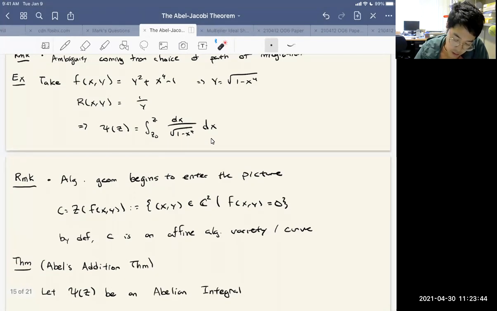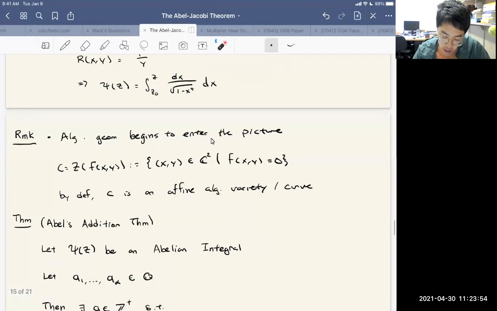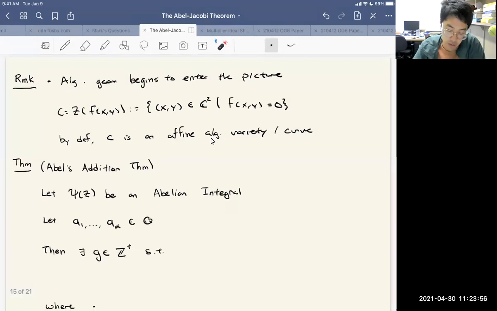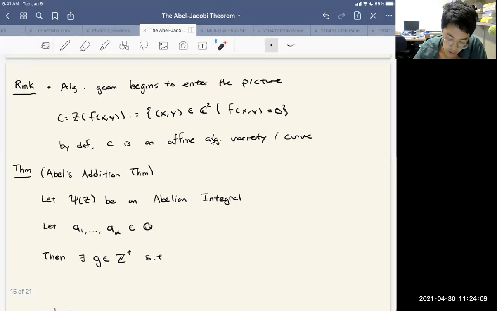Okay. So now that we've talked about these abelian integrals, we can talk about Abel's generalization of Euler's addition theorem. So Abel's generalization is the following. He takes any abelian integral, psi of z. So you can take the previous one as the example. And then he fixes rational numbers a1 up through a alpha, some collection of rational numbers.